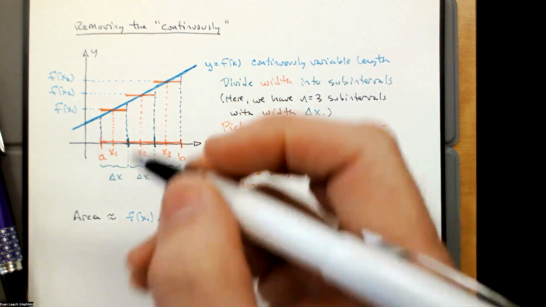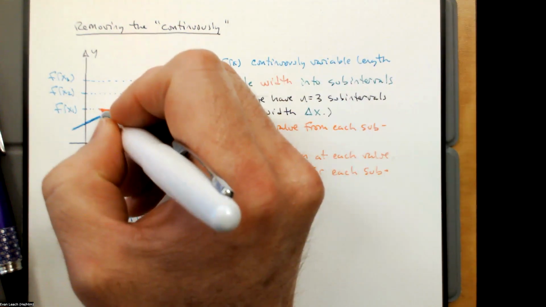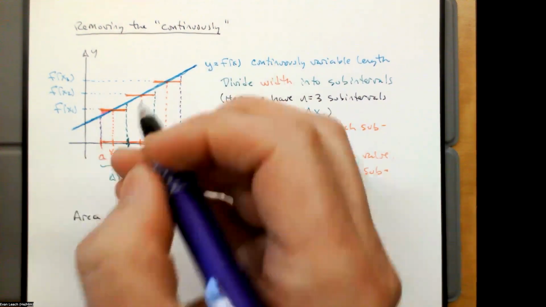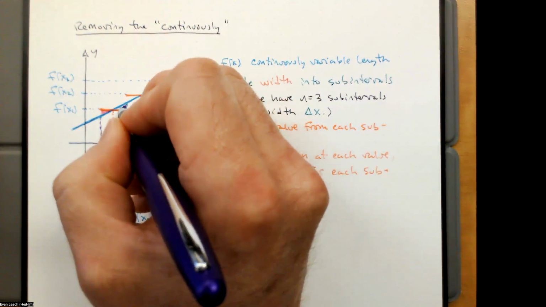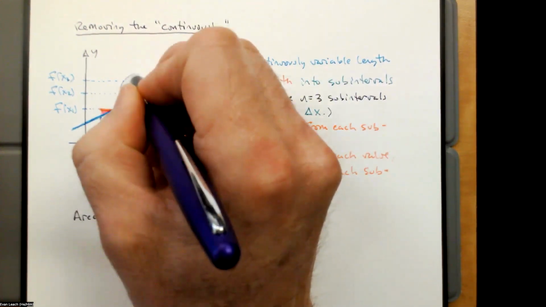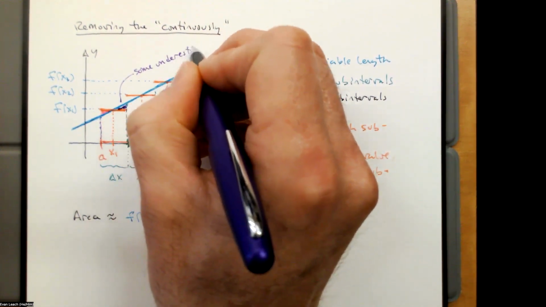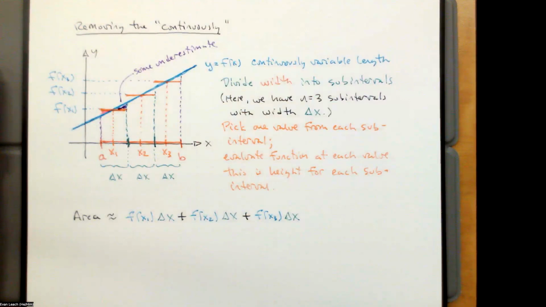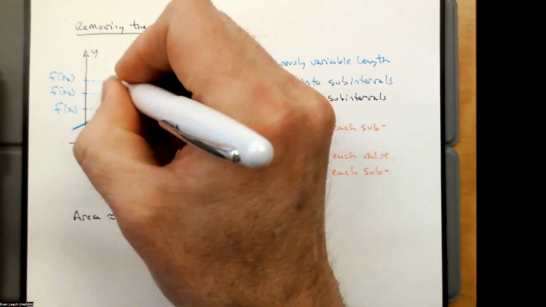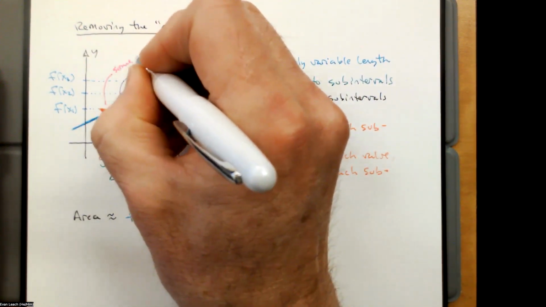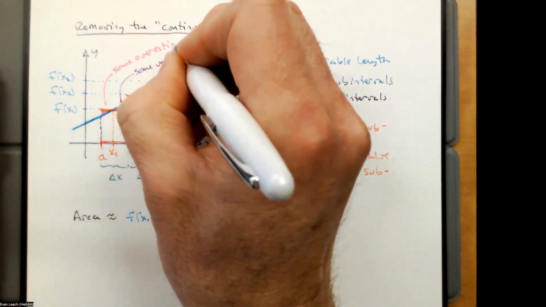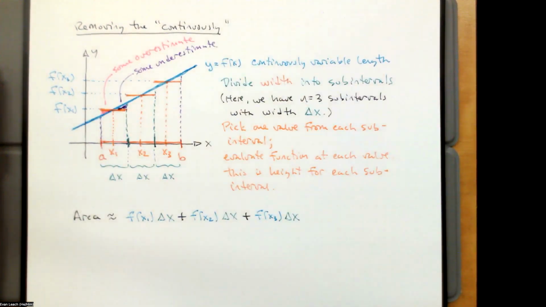So we've got a little bit of overestimate, but we've also got a little bit of underestimate.